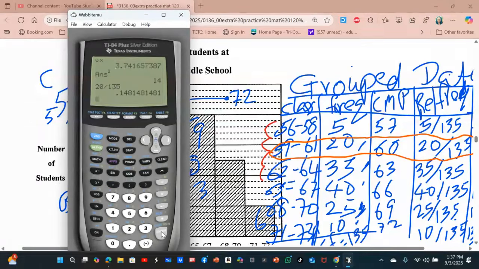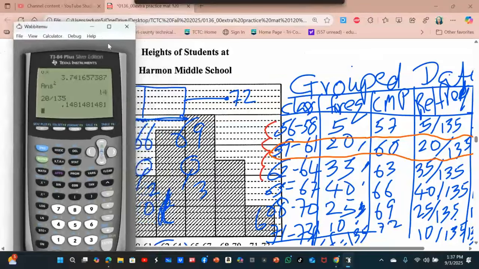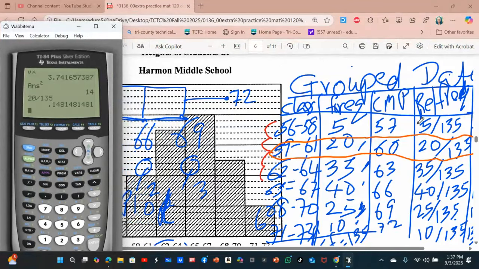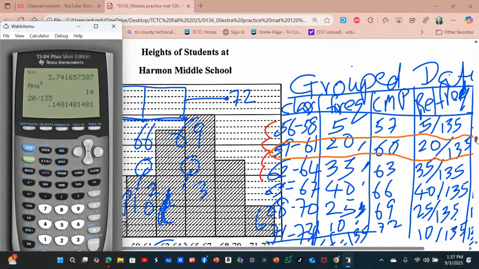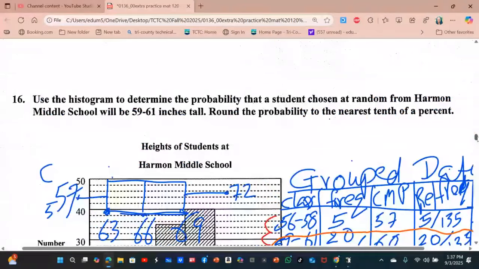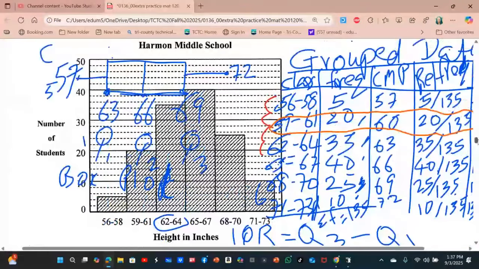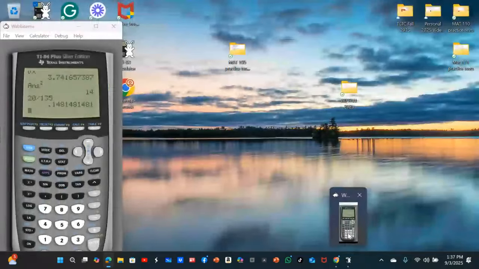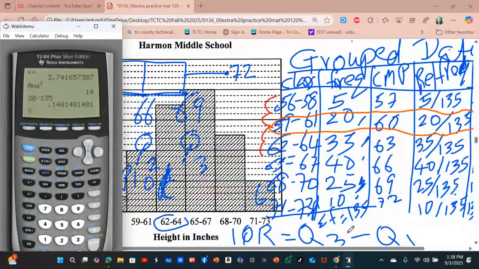Therefore, 0.148 is the probability that the height of a student chosen from the school is between 59 inches and 61 inches. That probability we have as 14.81%. Remember that probability can be in percent or decimal.